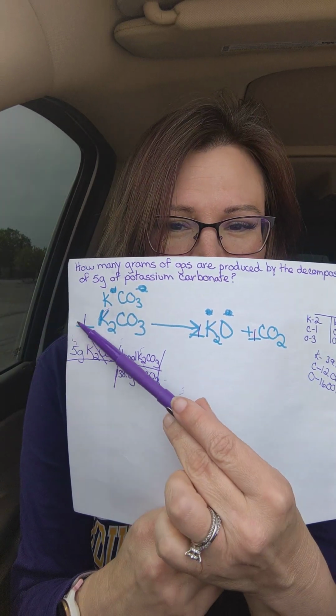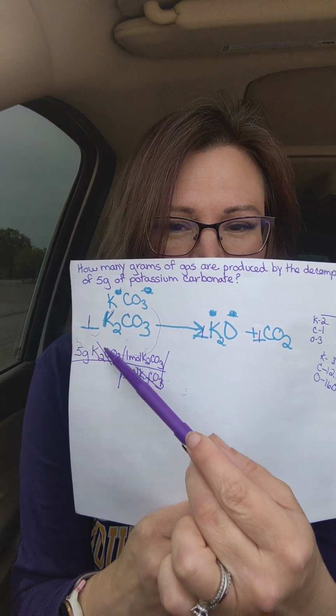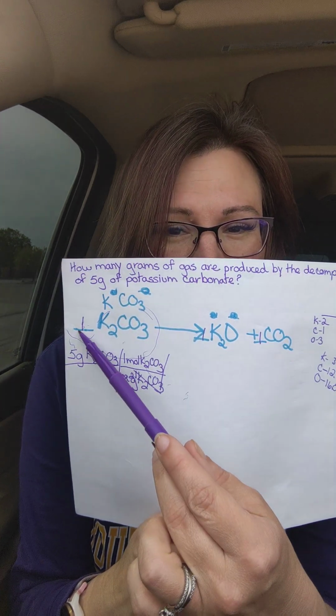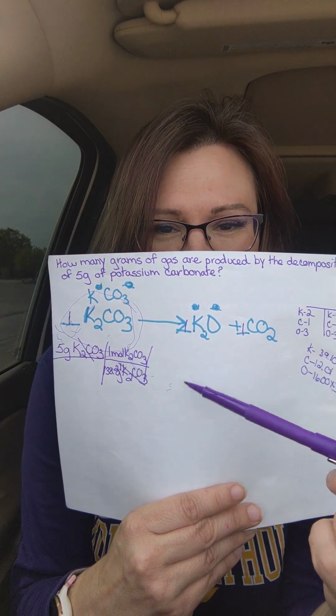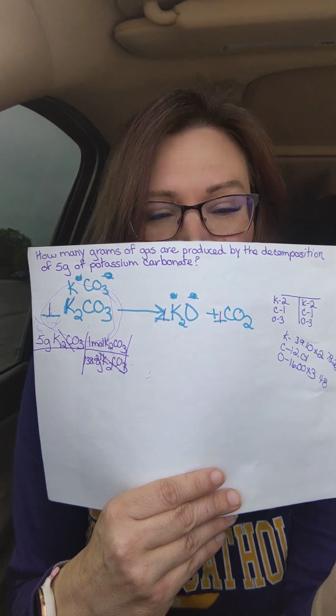So it's the number of moles of that compound that you have that goes down here, because that's the ratio in the problem. So we're going to draw another line, and write 1 mole of potassium carbonate on the bottom. That cancels out that.